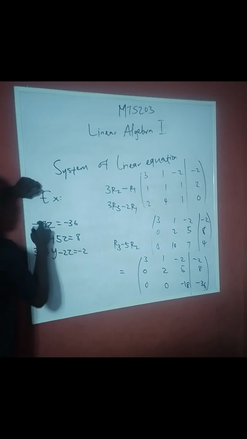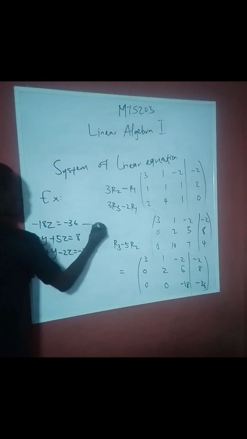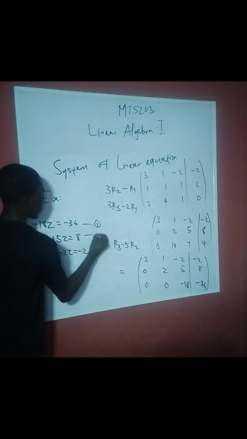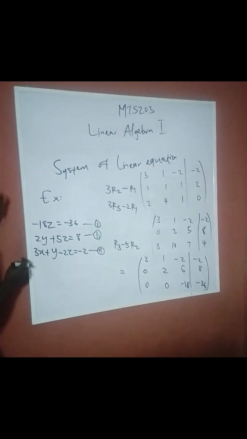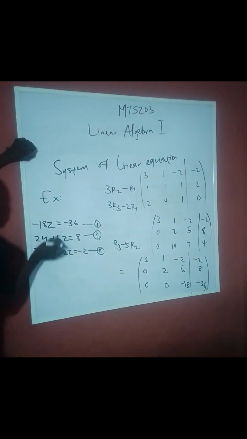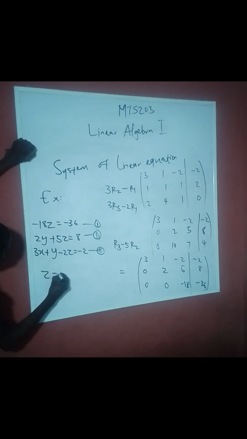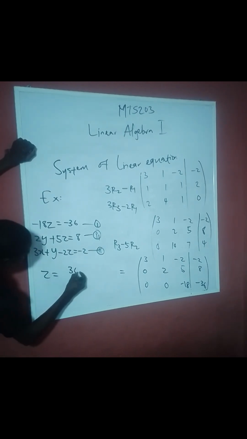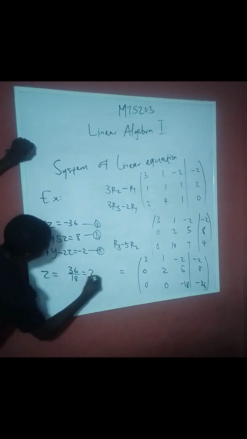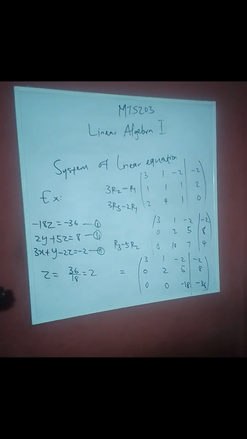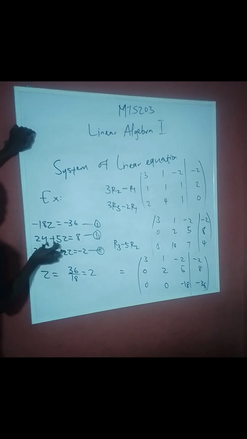So here, in my last equation, I can easily get my z, because it looks linear. By dividing both sides by minus 18, I have z equals 36 over 18, and that's equal to, what's that, 2. Yeah, 2. So I know my z to be 2. I can find my y in equation 2 here.